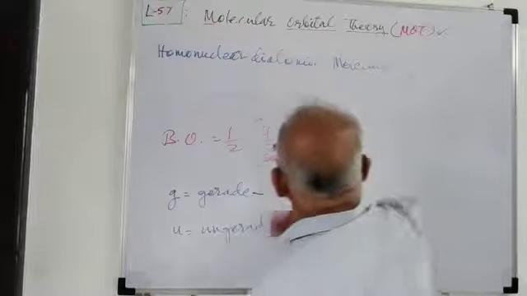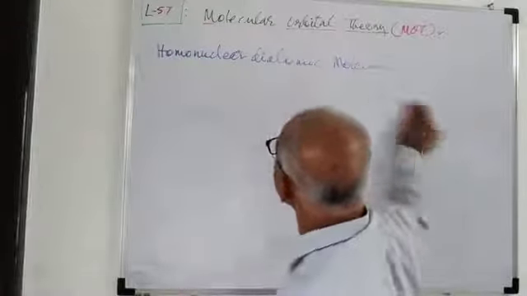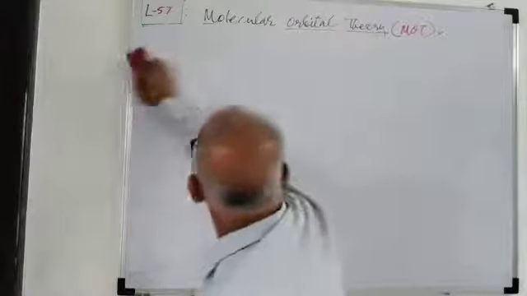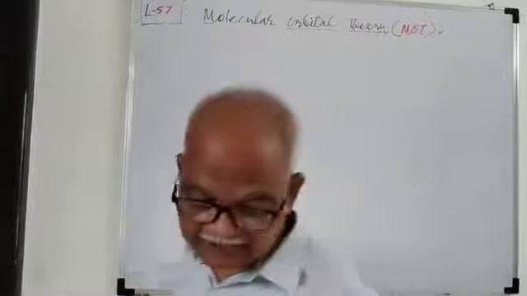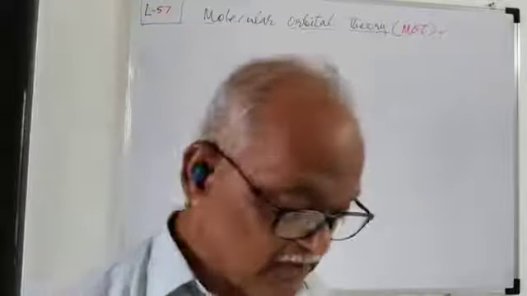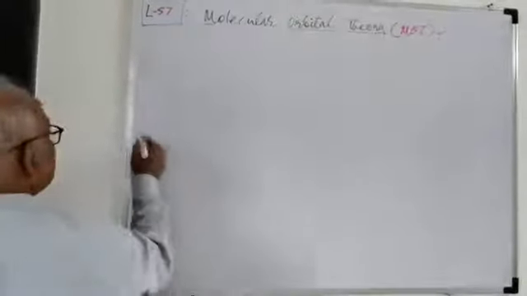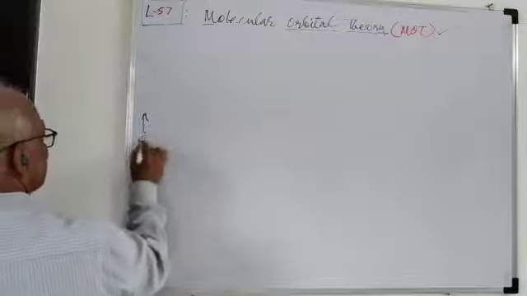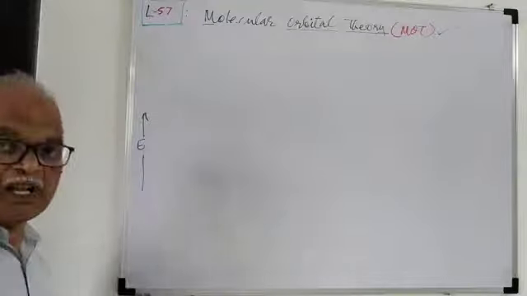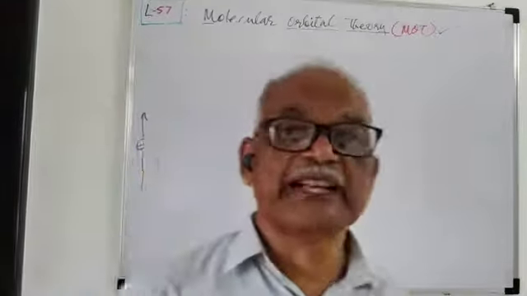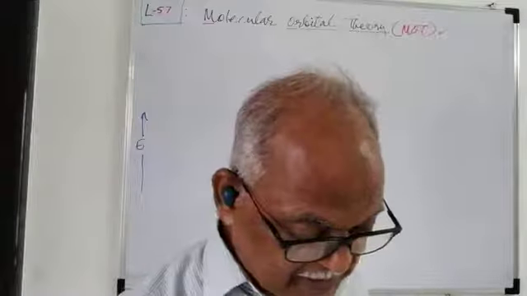Then you will see how the molecular orbital diagram is constructed. First of all, this is the energy axis, and along this we are arranging the atomic orbitals as well as molecular orbitals.